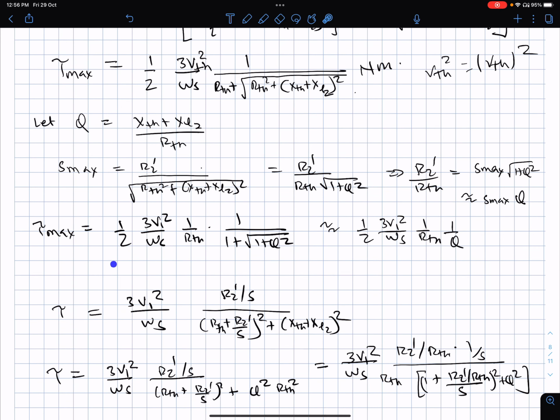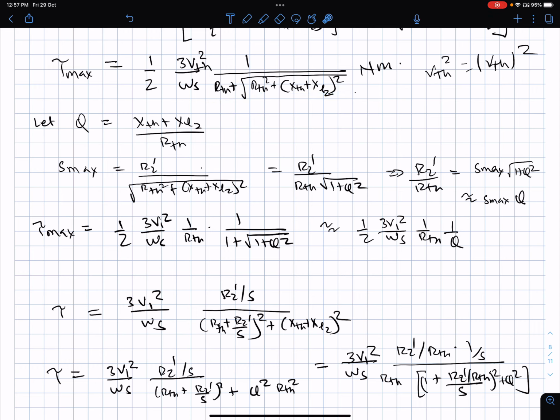Now let's look at the T max. Now doing this substitution here, R Thevenin is taken out as common, then this will become 1 plus Q square, and then a whole R Thevenin can be taken out common. So this will become half of 3 V Thevenin square.